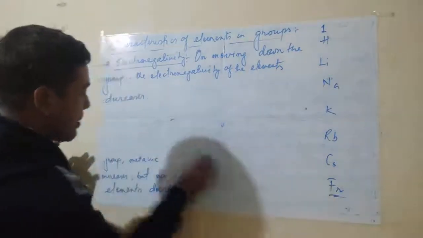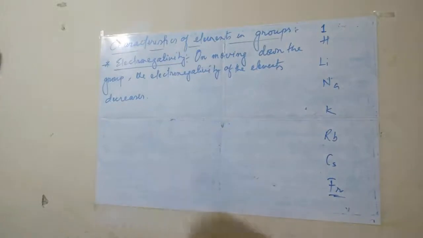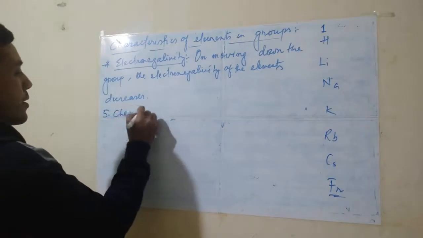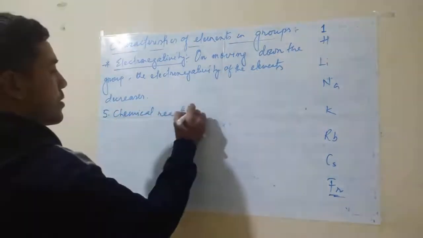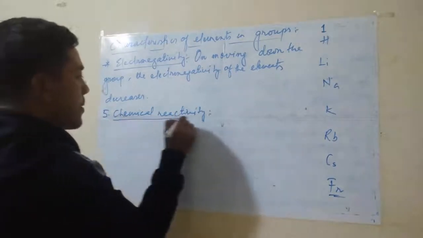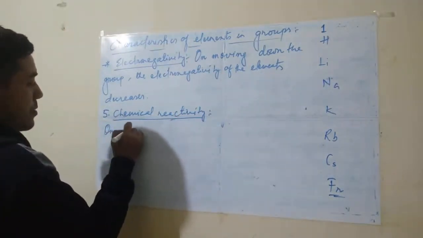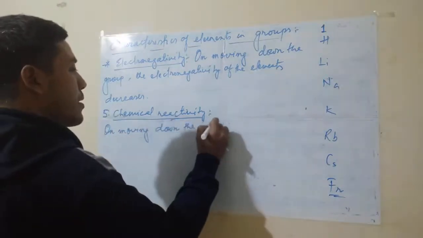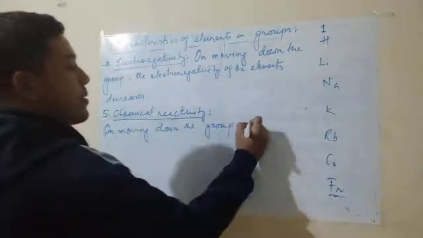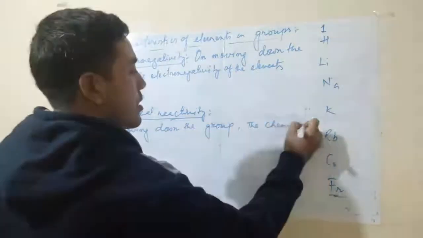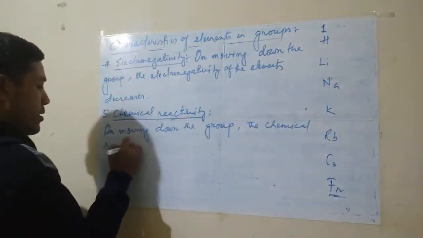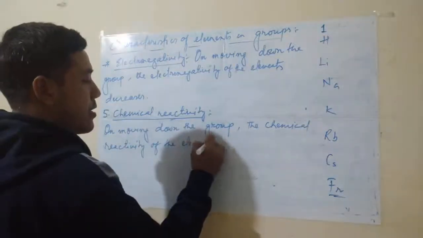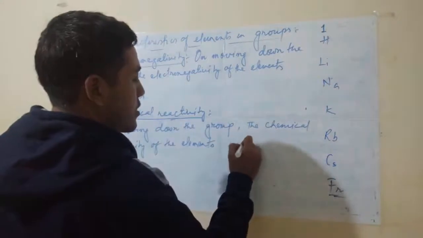Next is chemical reactivity, number 4. On moving down the group, the chemical reactivity of the elements increases.